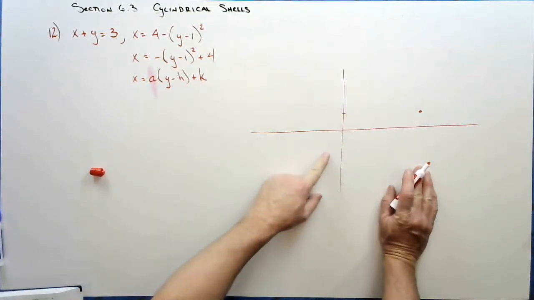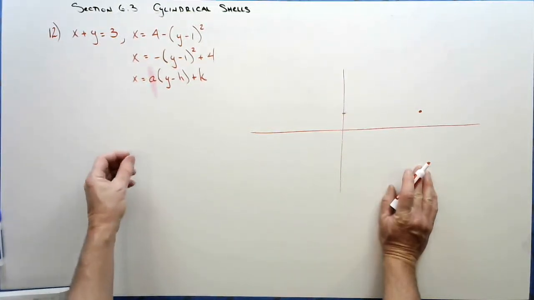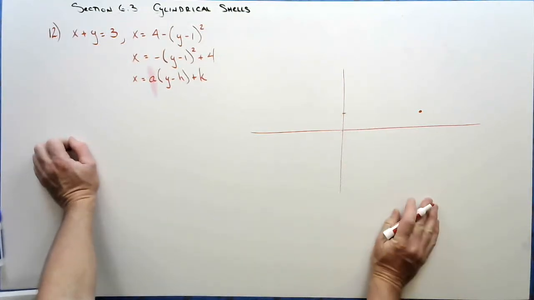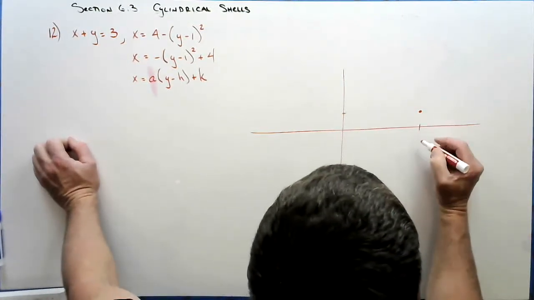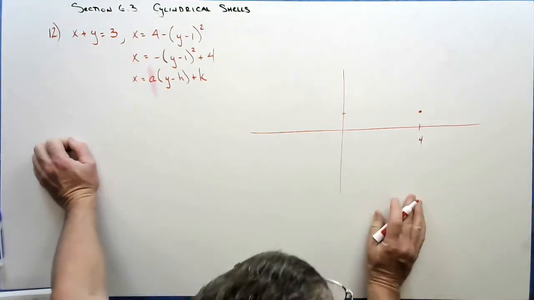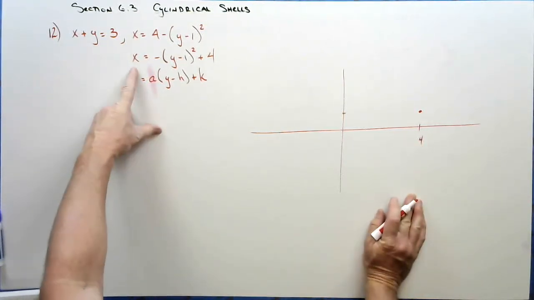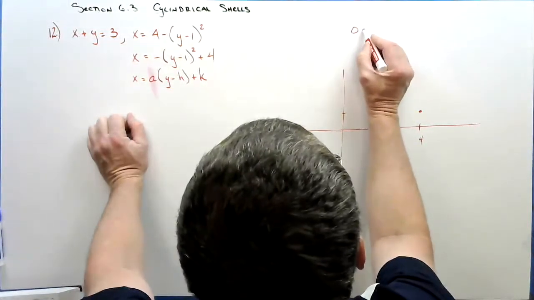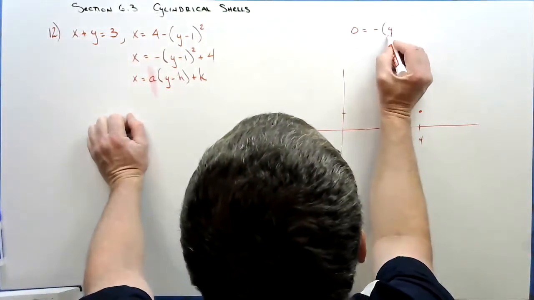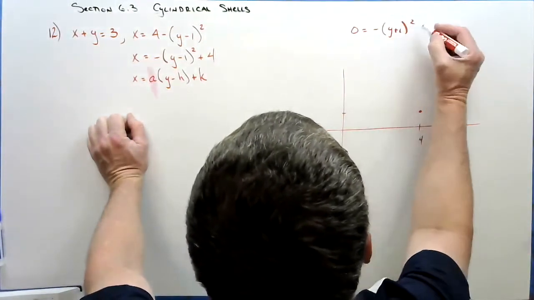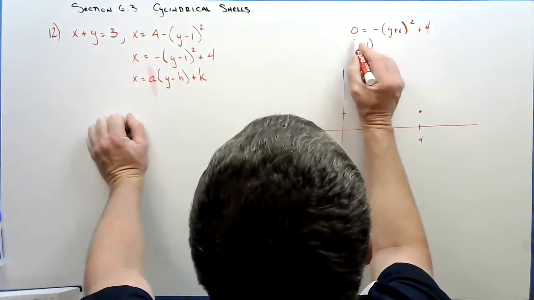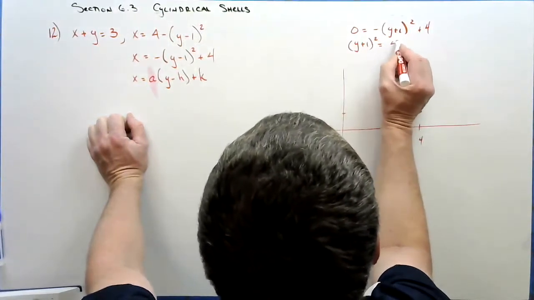So we need to find the y-intercepts. Now, to find the y-intercepts, we set x equal to 0, right? That's what we do. Now remember, this is 4 units here. Well, if we set x equal to 0, what do we get? We get something like 0 equals minus y plus 1 squared plus 4, or y plus 1 squared equals 4.